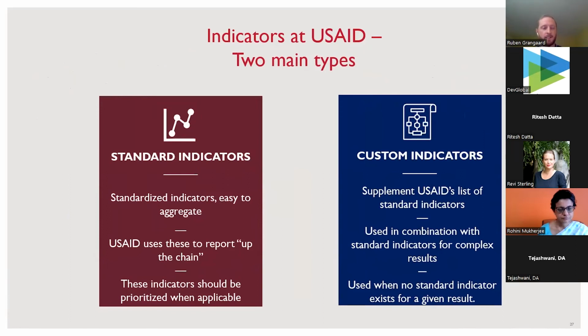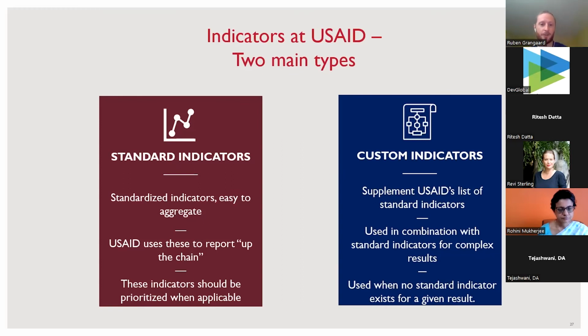These indicators are being collected across the world by different implementing partners using the same methods to collect the information. That's really helpful for USAID because it means that they can aggregate these indicators up and report on it to their funders, which is the US Congress. And so these indicators are something that USAID always wants you to report on to the extent possible.